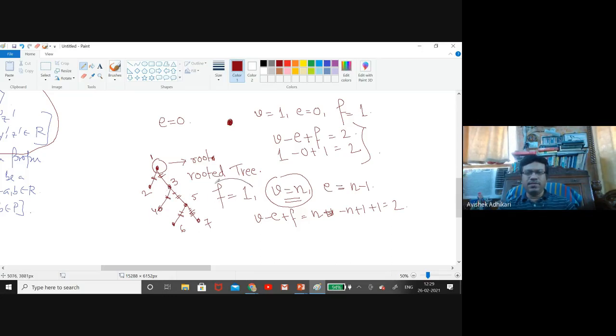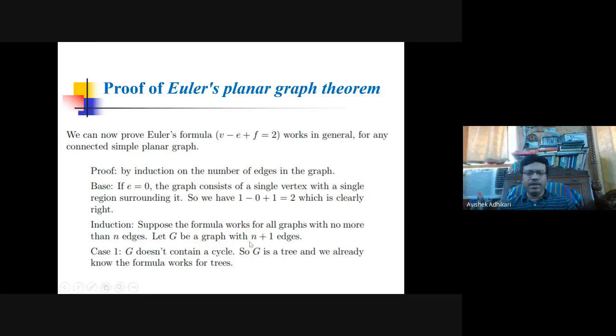In that case f is 1, and the number of edges must be n minus 1, and in that case the induction hypothesis is also satisfied. So if it does not have any cycle, then we are basically done.